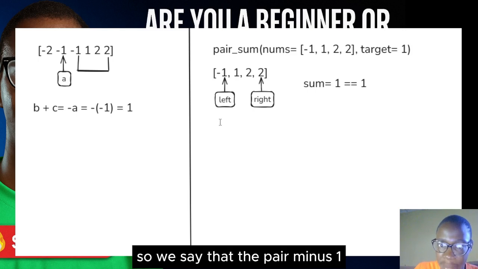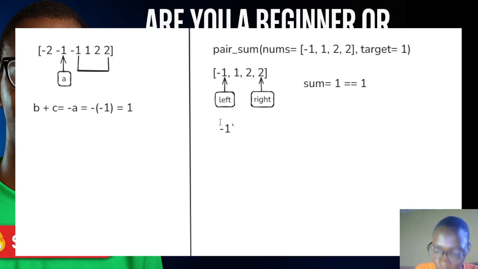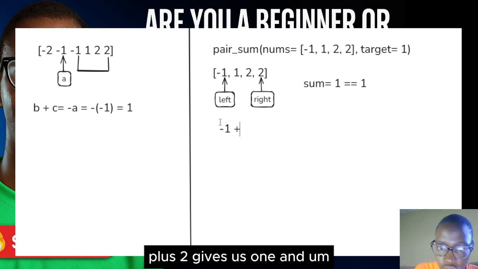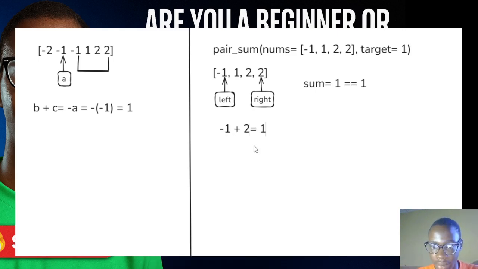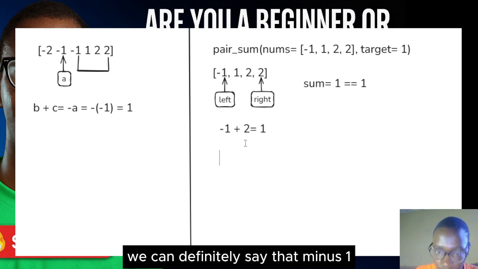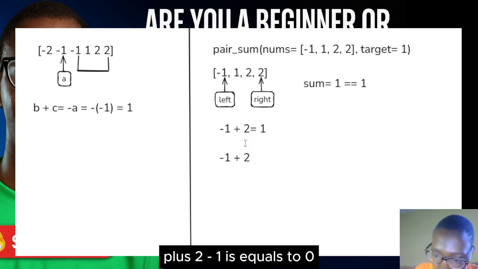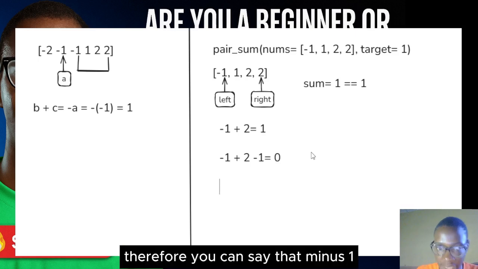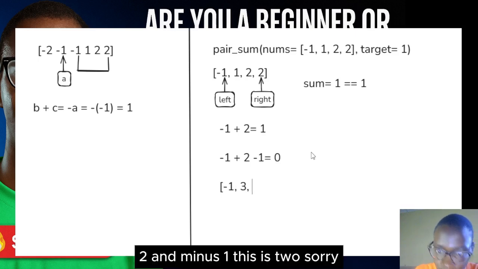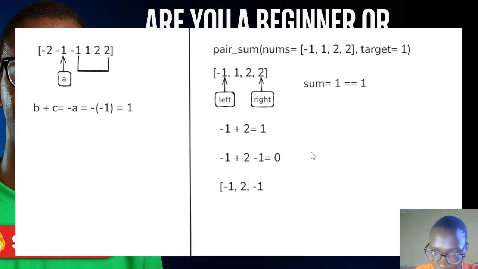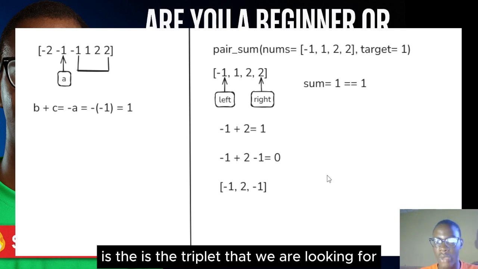So we say that the pair -1 plus 2 gives us 1. And we can therefore say that -1 plus 2 minus 1 is equal to 0. Therefore you can say that -1, 2 and -1, this is 2, sorry, is the triplet that we are looking for.